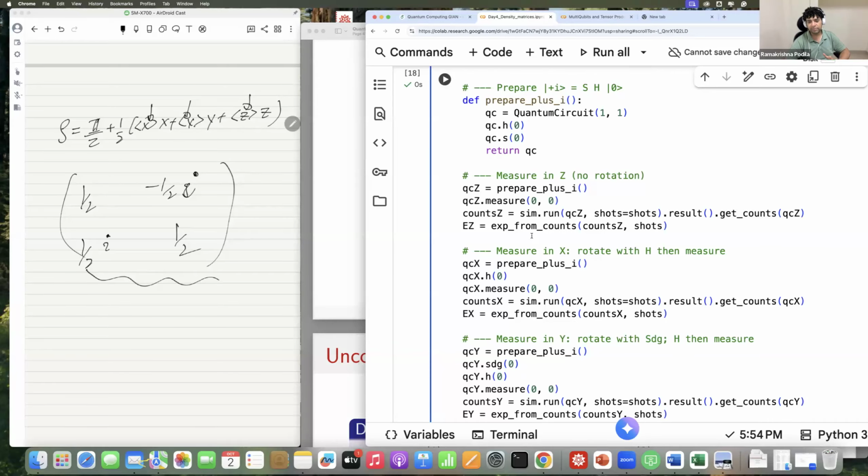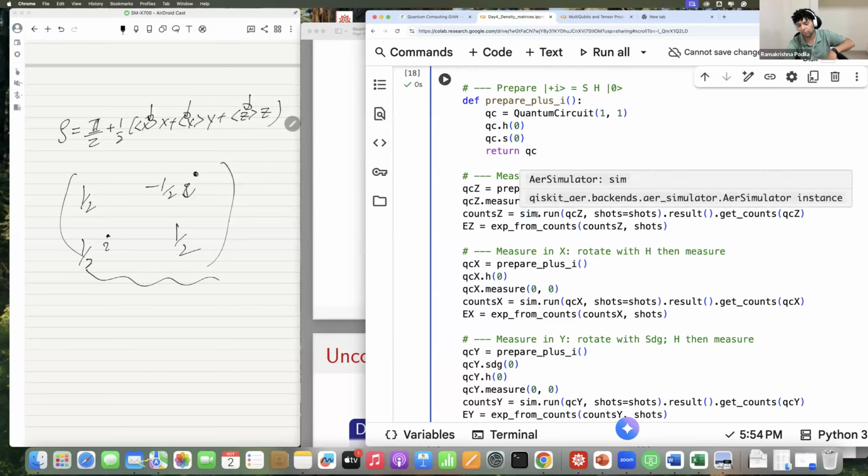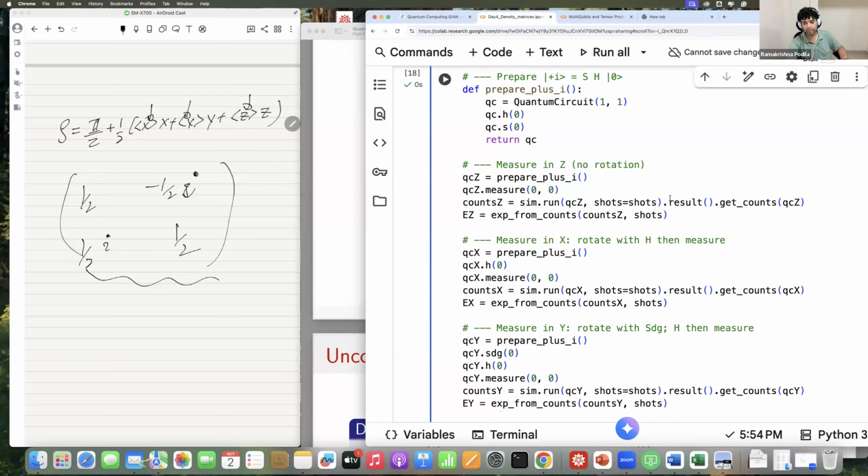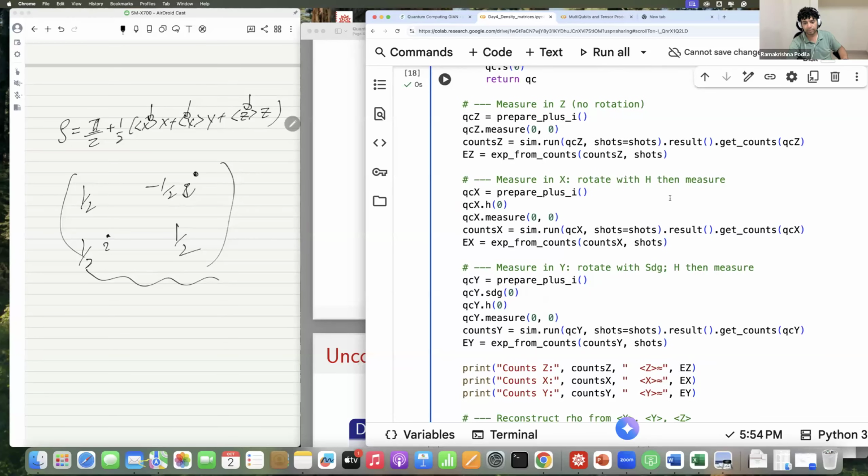Are you with me? Yes. So here we're doing it only for one qubit. You can repeat this exact thing on the second qubit. That would be independent. And then you add those two matrices. So for each qubit, you have to run a loop. That's right.